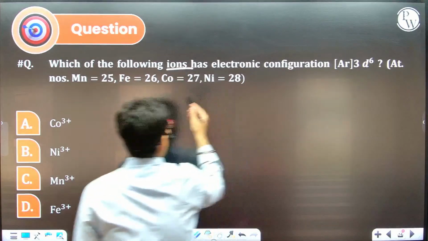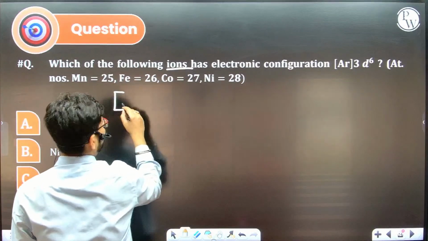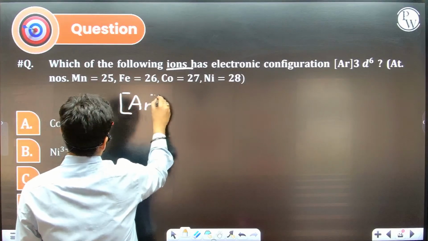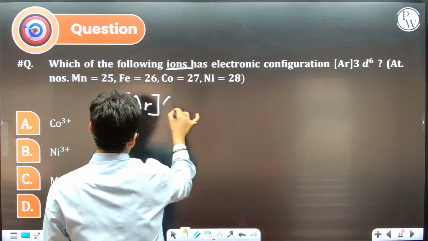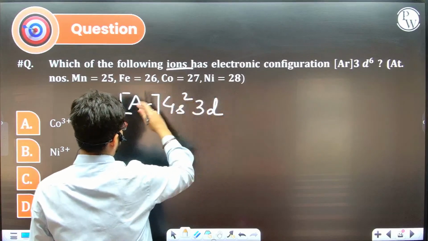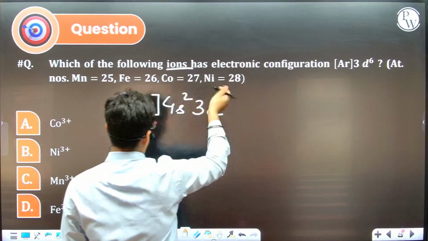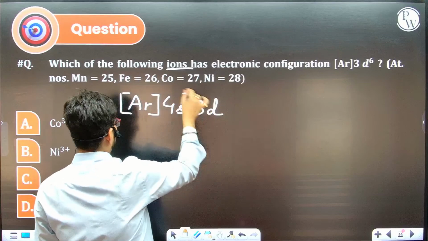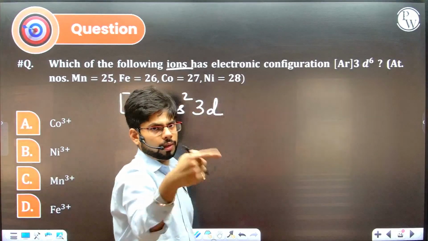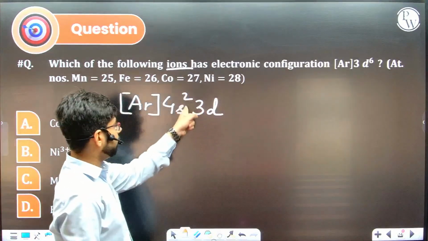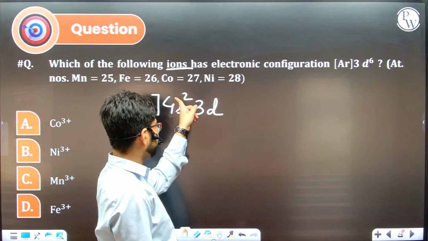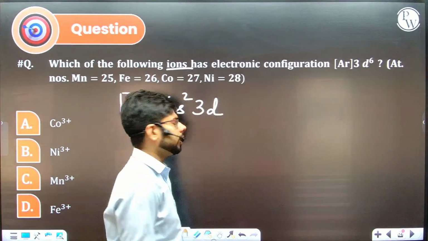We all know that if we have an atom of the 3d series, this is how the filling takes place according to the Aufbau principle. 4s gets filled before 3d, which means 2 electrons will be in 4s, and then we have the remaining electrons in 3d. Unless it's chromium, because for chromium it's an exception: there is 1 electron in 4s and 5 electrons in 3d. And for copper, 1 electron is in 4s and 10 electrons are in 3d.